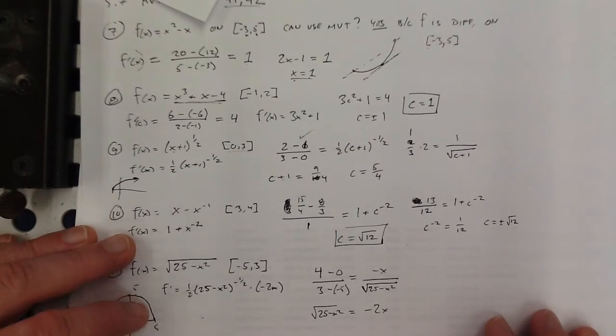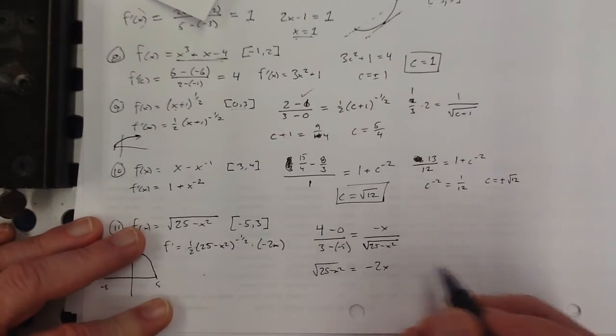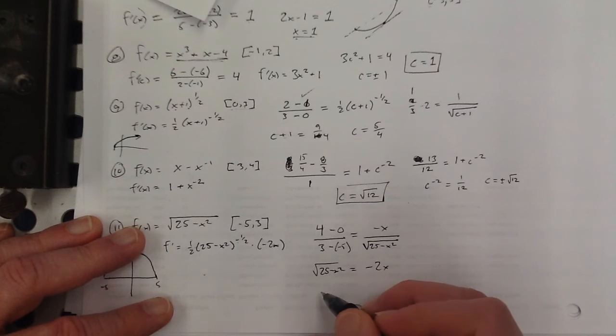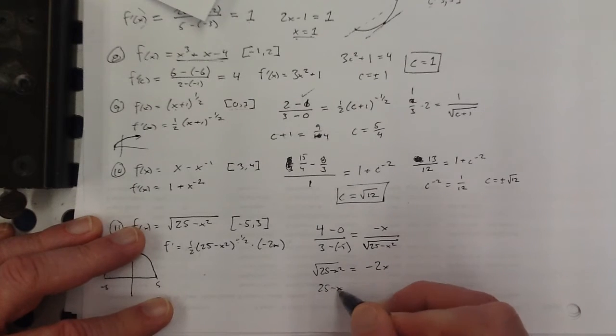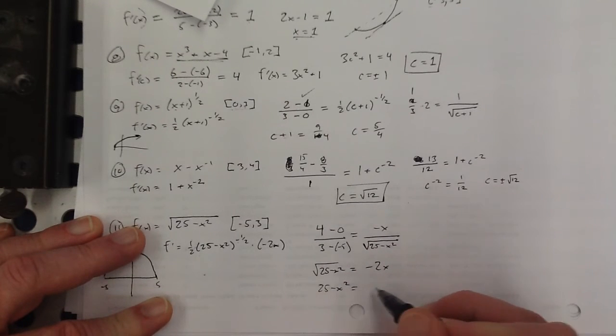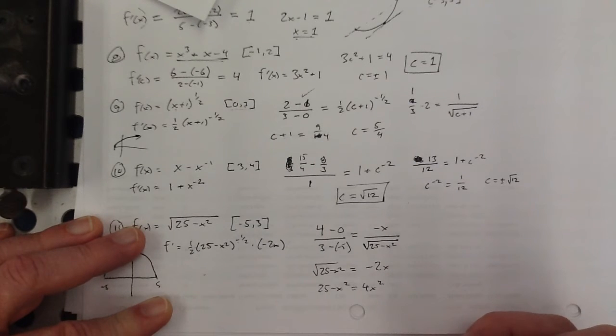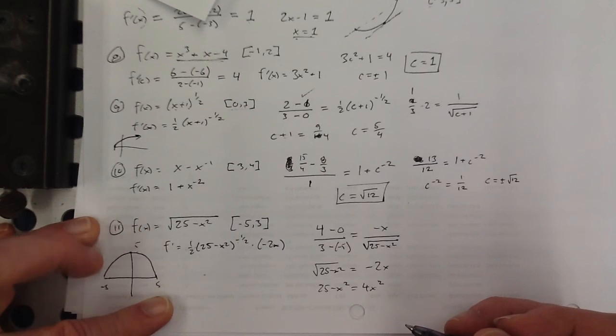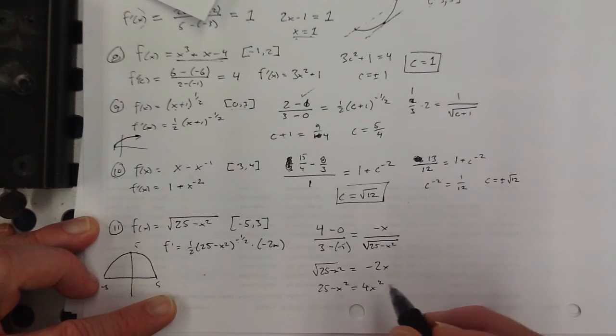Okay, what now? Well, algebra instincts tell me that I should probably square both sides of this. Now you have to be careful when you go around squaring both sides of an equation, because you can get bogus stuff, right?